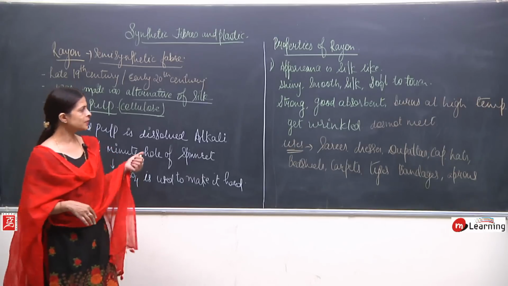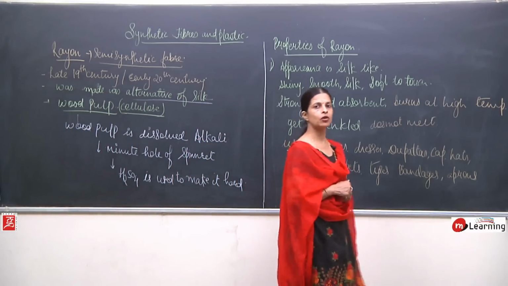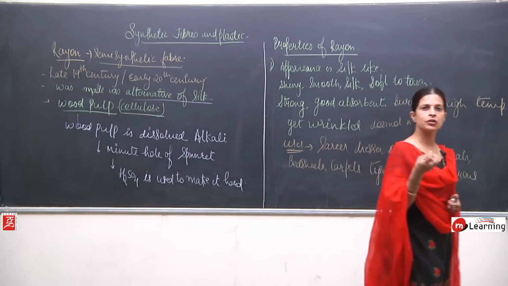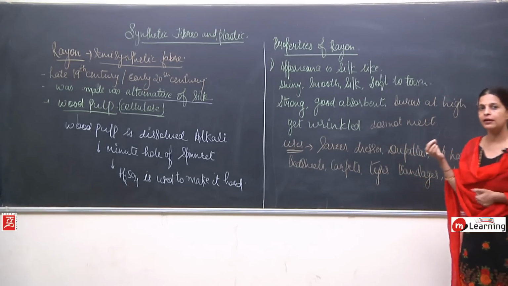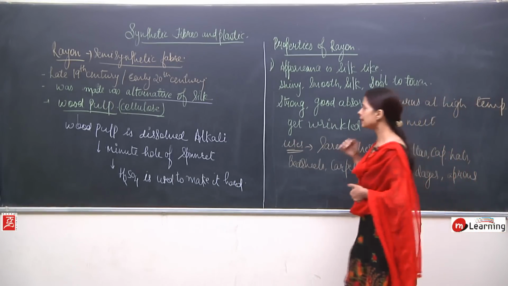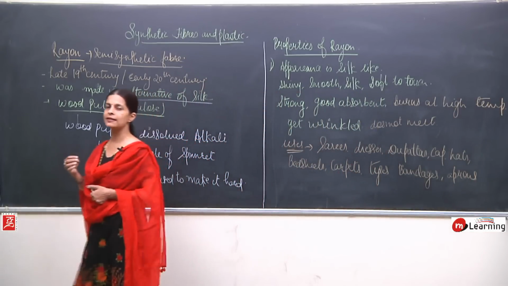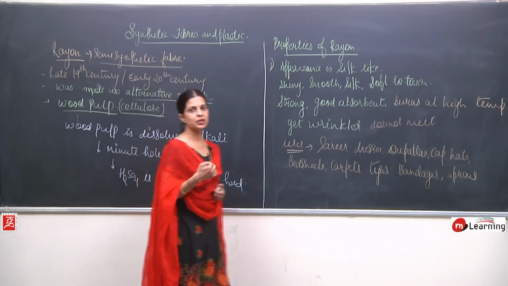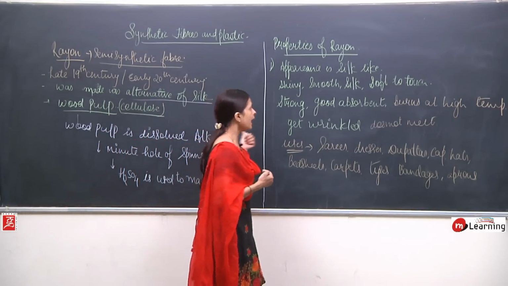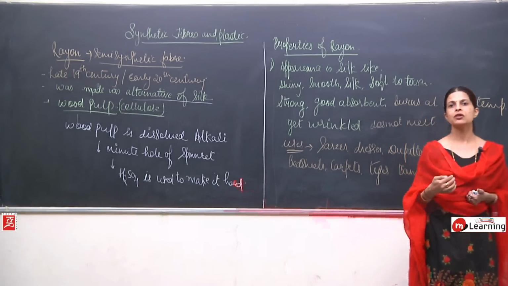Now we all understand why it is known as semi-synthetic: the raw material used to make rayon is wood pulp, which is natural cellulose, and that is the reason we cannot say that this is a completely natural or completely artificial fabric. Basically it is used in place of silk.